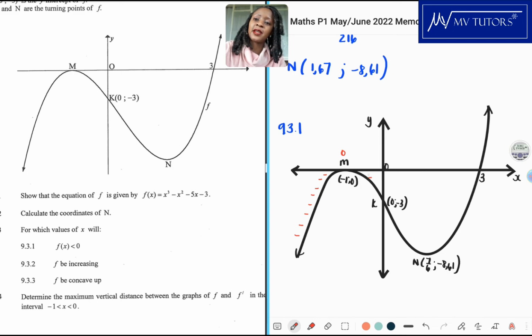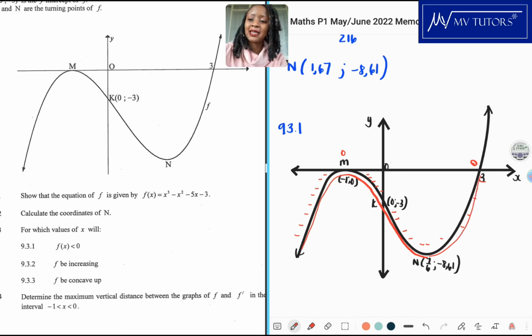Then I still have negative values, negative, negative, until I get to 3, where my value for y is 0. So basically I have negative values of y from negative infinity up until 3.